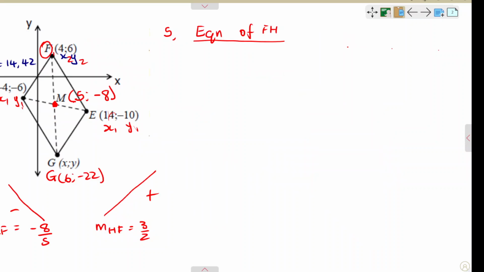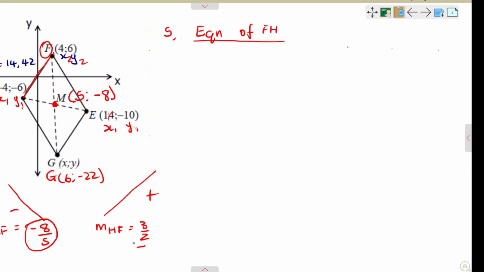Okay, so here we'll start with the equation of the line HF, this line with the positive gradient. Remember, this was the calculated gradient for HF or FH. So it was 3 over 2. In other words, this line, which is FH, has a gradient of 3 over 2.